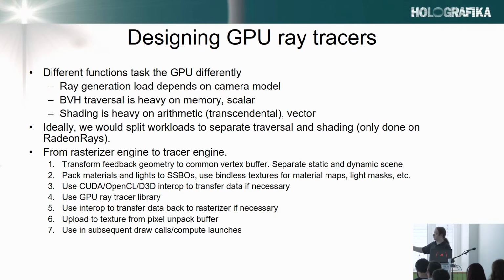Then use interop to transfer your data if necessary to either CUDA or OpenCL. Use the GPU tracer library, then use interop to transfer back to the rasterizer. Upload the texture from the buffer with a pixel unpack buffer, and then you can use this in subsequent draw calls or compute launches.